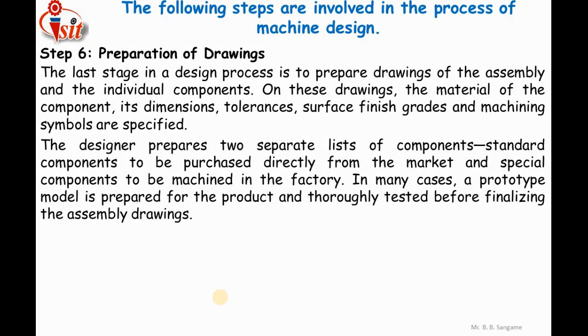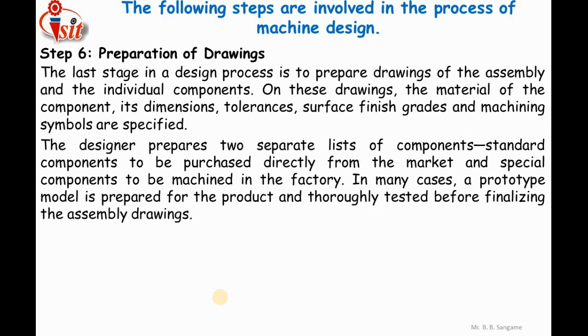At this stage, after finalizing the drawing, the design engineer has to decide on some components like nuts and bolts that can be outsourced or purchased from other organizations, while the critical basic designs can be carried out inside the organization. Again, after preparation of the drawing, there is a need to manufacture and test a prototype model.